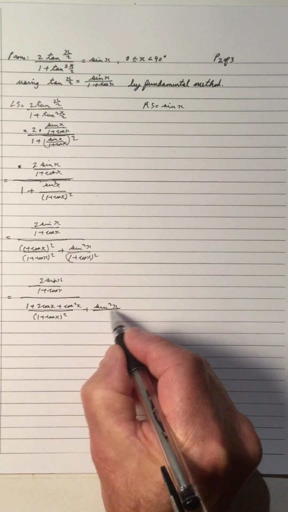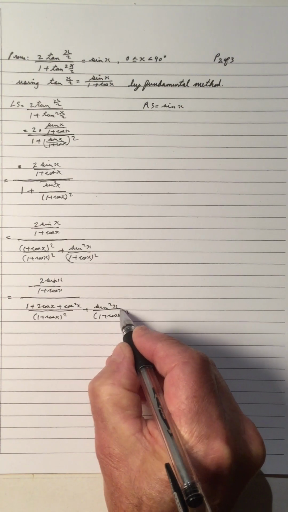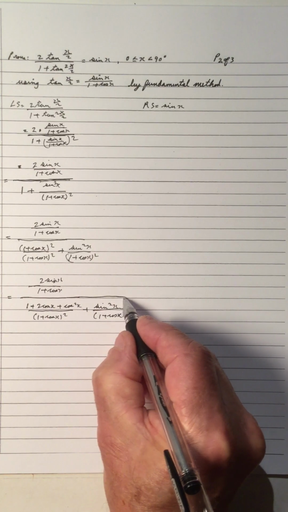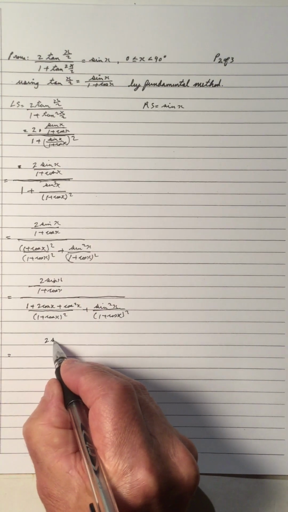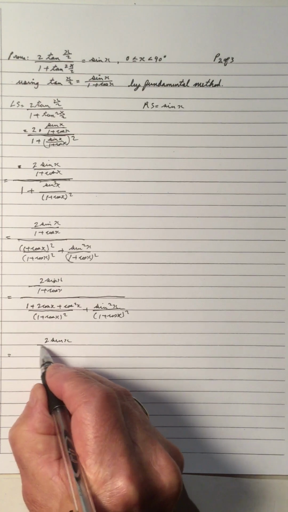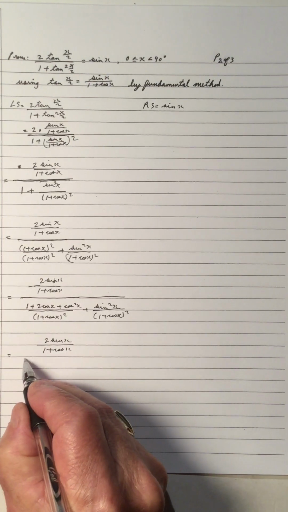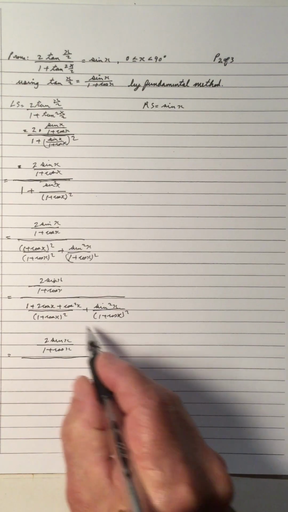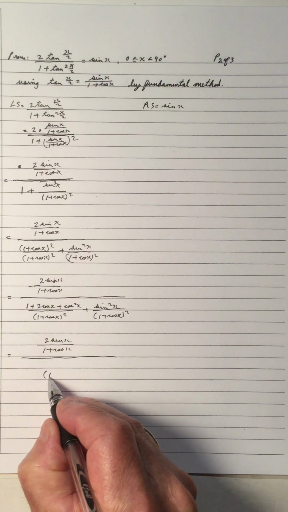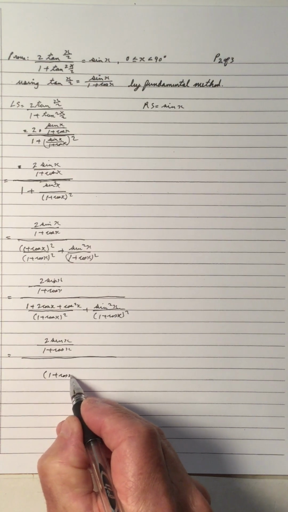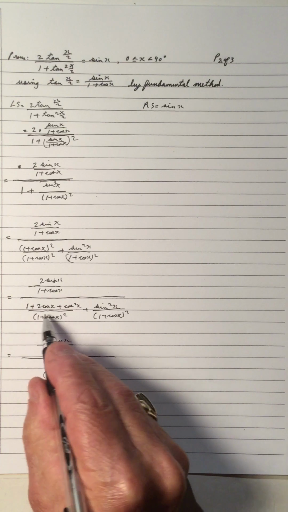I'm doing one step at a time and not the big long division. So that's 2 sine x all over 1 plus cos x. And because these two denominators are the same, I will add straight across the numerator, keeping the denominator 1 plus cos x all squared.